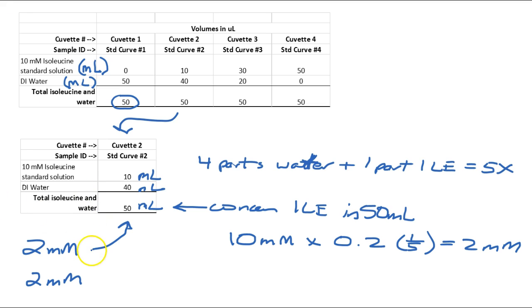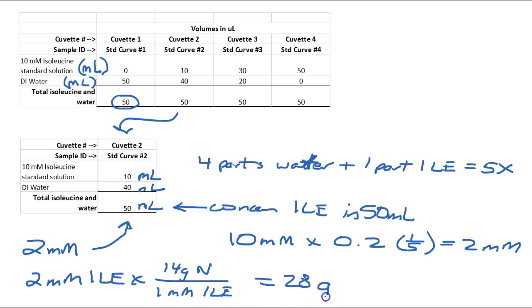So 2 millimolar isoleucine times 14 milligrams of nitrogen per liter per 1 millimolar isoleucine means we've got 28 milligrams of nitrogen per liter, right? That's the concentration in our cuvette, is 28 milligrams of nitrogen per liter.